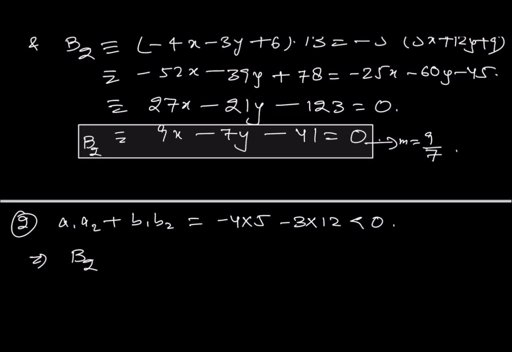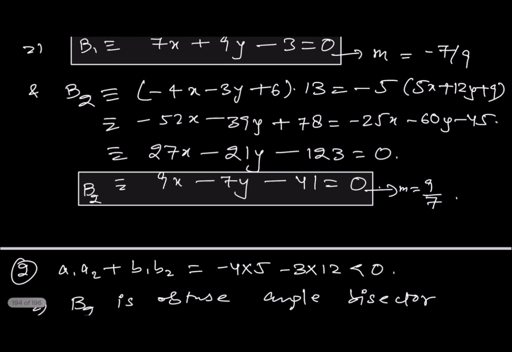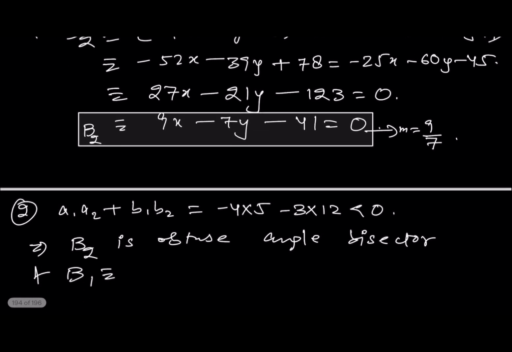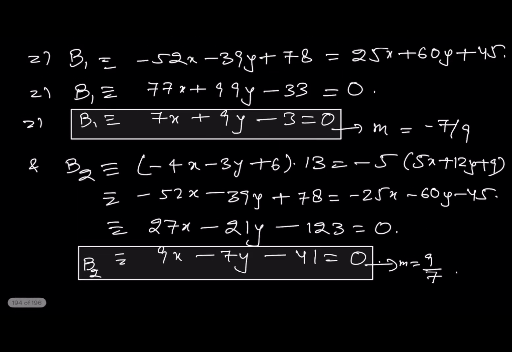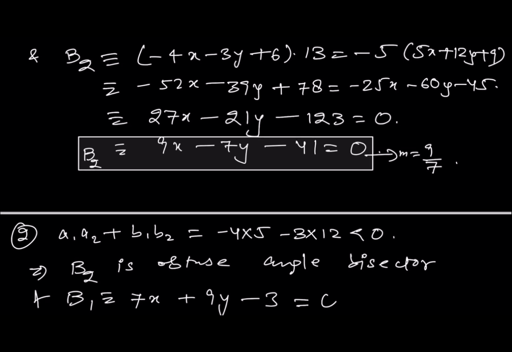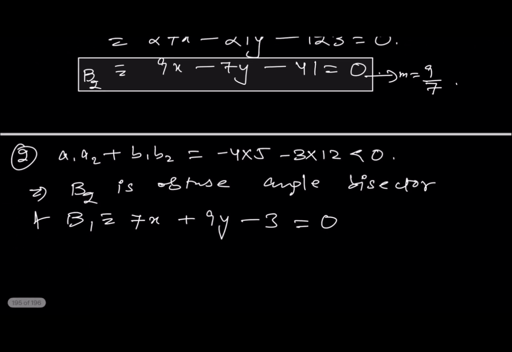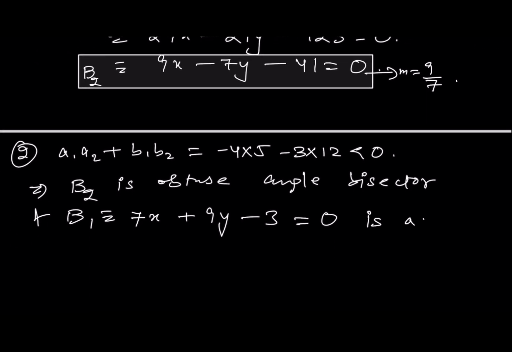So B2 is the obtuse angle bisector, and B1, which is 7x plus 9y minus 3 is equal to 0, is the acute angle bisector.